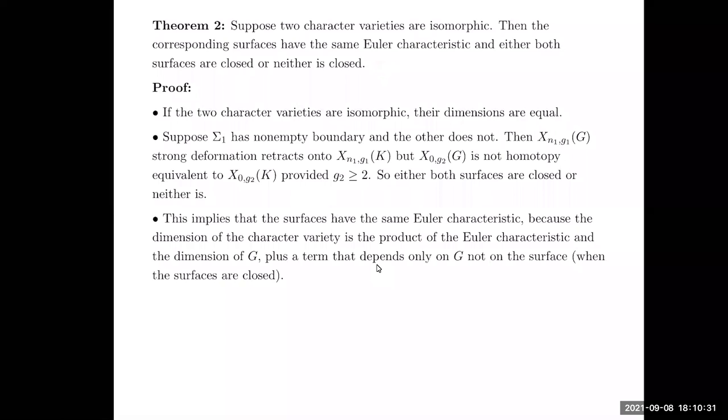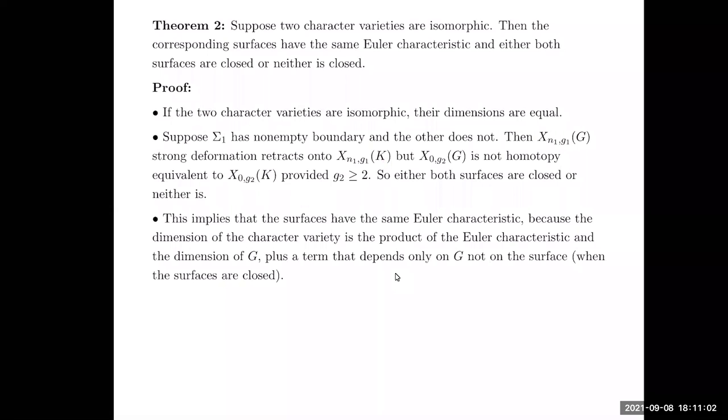That's because if the two character varieties are isomorphic, their dimensions are equal. So suppose sigma 1 has a boundary and the other one does not. Then the G character variety for the first surface strong deformation retracts onto the K character variety for that surface.